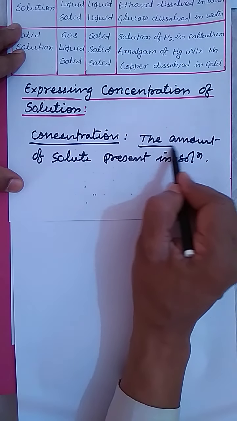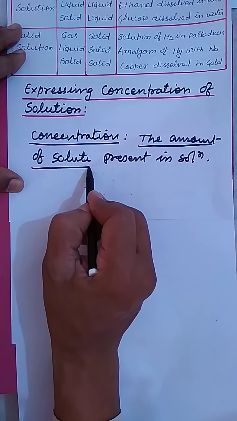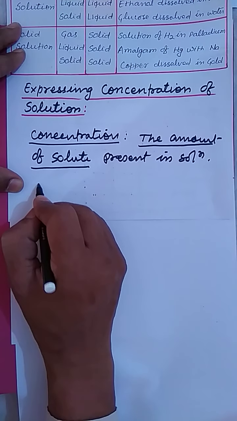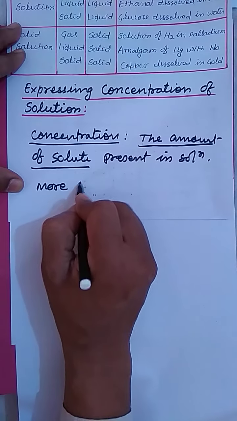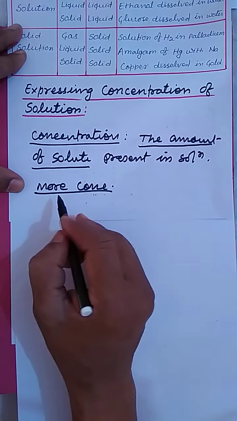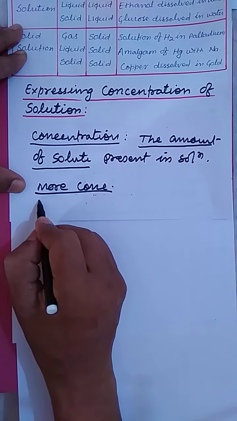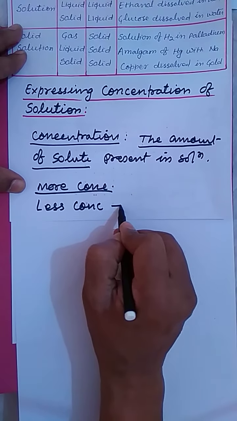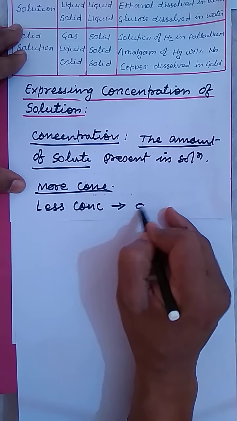If more amount of solute is present in solution, then solution is more concentrated. If less amount of solute is present in solution, then you can say this is less concentrated, and it is called dilute solution.